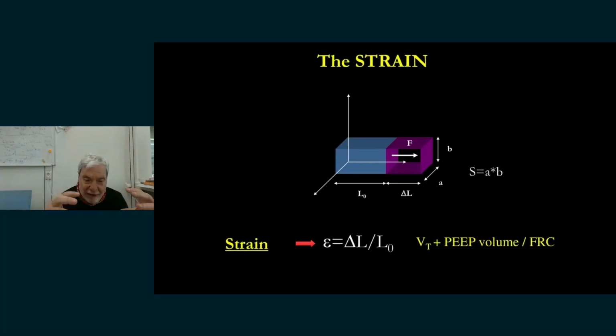That means when you apply the force, all the molecules inside react to resist this force, and this is the stress, together with the strain, this elongation. Stress and strain are applied at each breath, and they are applied at some frequency.